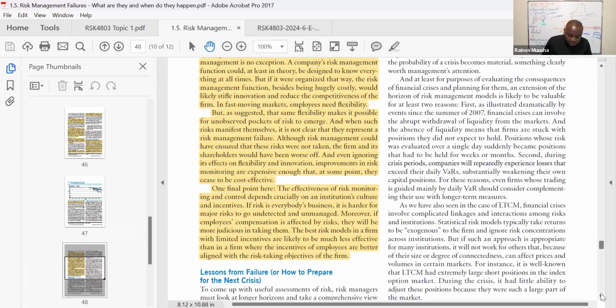However, if employees' compensation is affected by risks, they will be more judicious in taking them. The best risk models in a firm with limited incentives are likely to be much less effective than in a firm where the incentives of employees are better aligned with the risk-taking objectives of the firm.